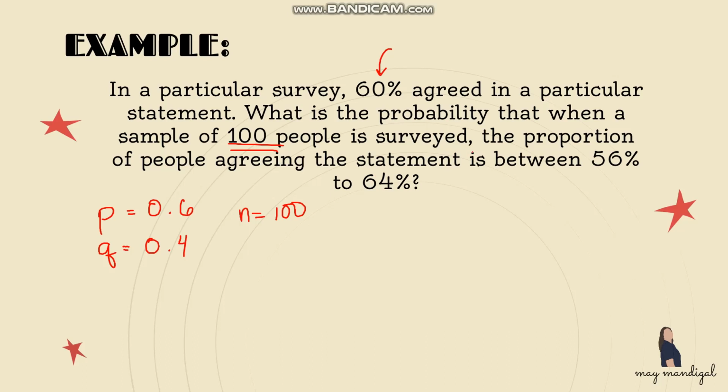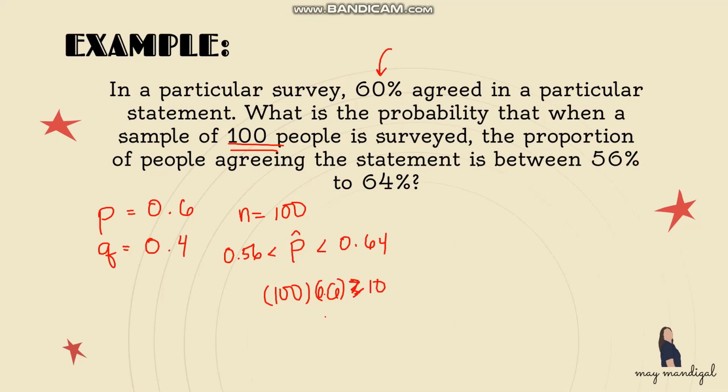And what we want to know is the probability that the proportion of our sample is between 0.56 and 0.64. So let's check again if it's normally distributed. So 100 times 0.6, is it greater than or equal to 10?